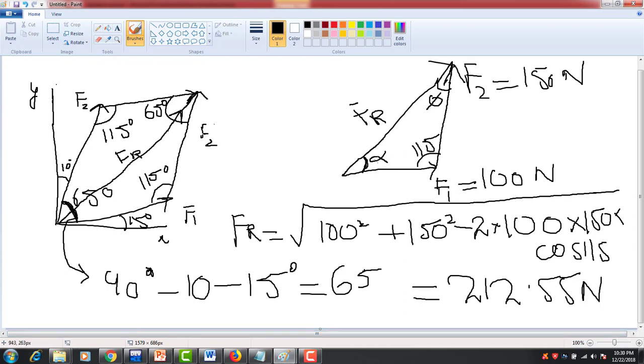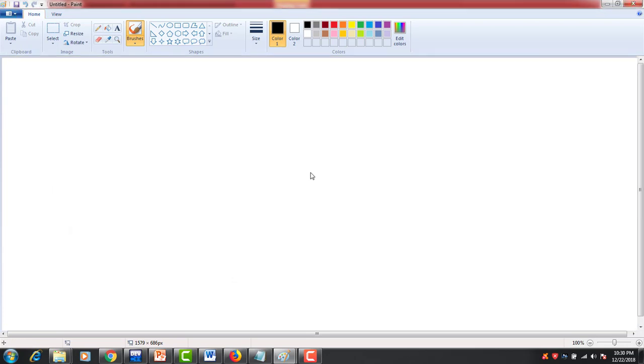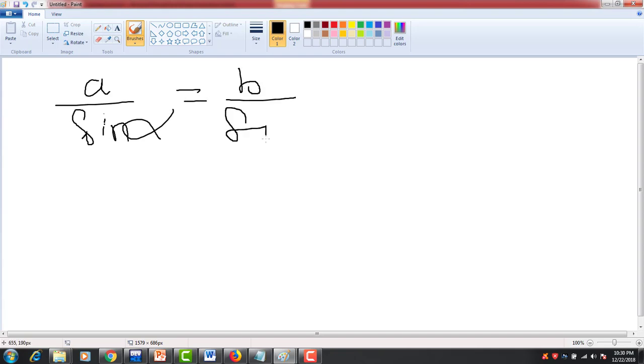So we have to find this alpha. Now by using the sine law: A upon sine alpha equals B upon sine beta, similarly C upon sine gamma.